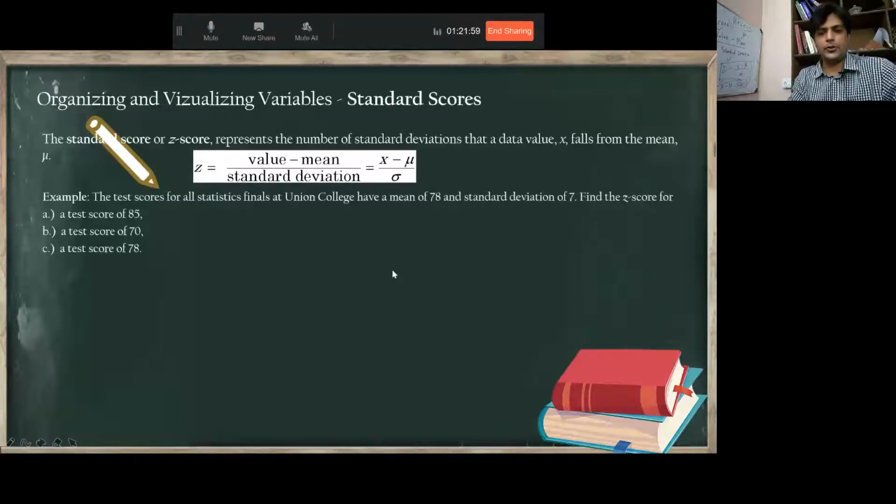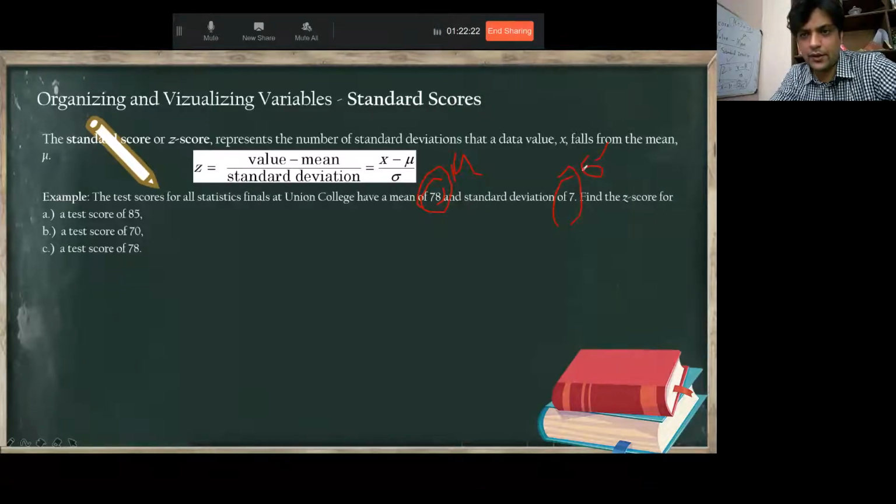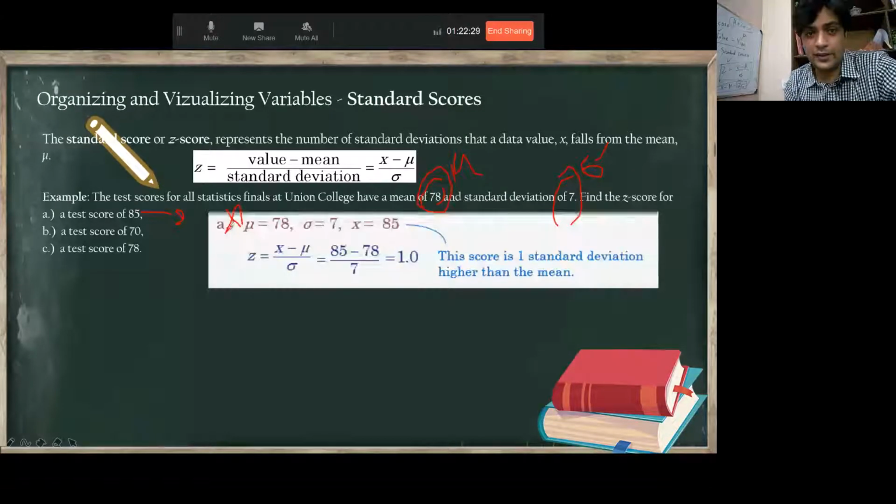Now, if I ask you the test scores for all statistics final students at the Union College, and let's take our example in our class, have a mean. So this is the mean mu. We know that the standard deviation sigma is given. Find the z-score for the test score 85. So this is x. So you can easily find z, right? So z will be x minus mu upon sigma, which is 1.